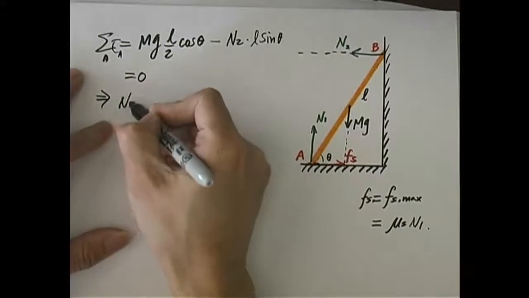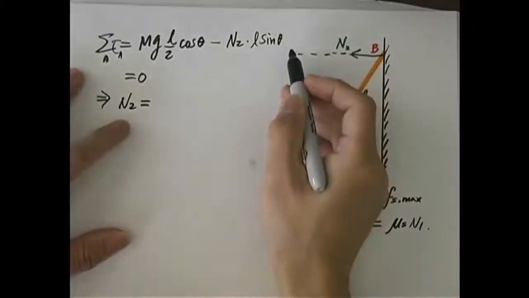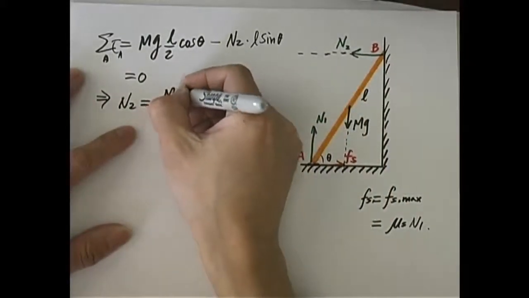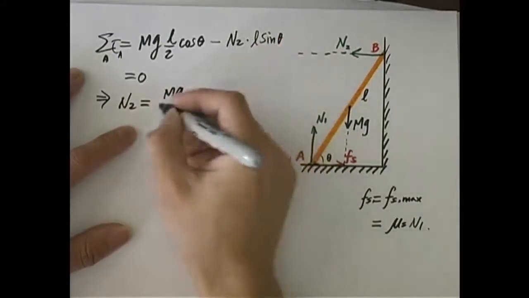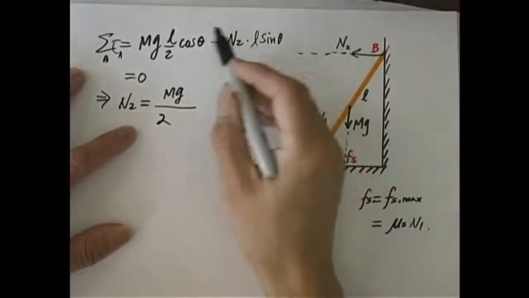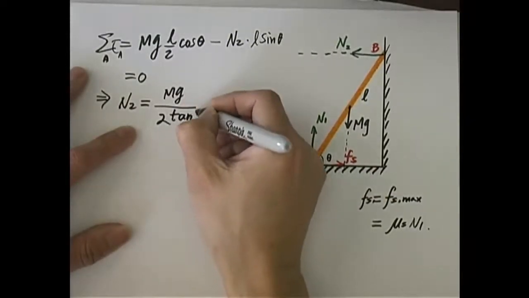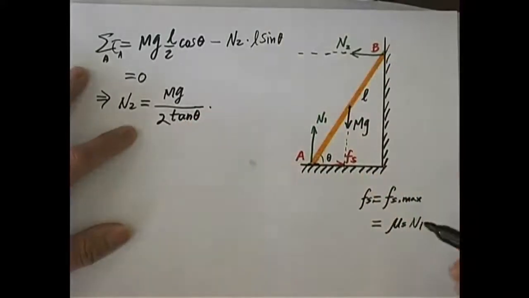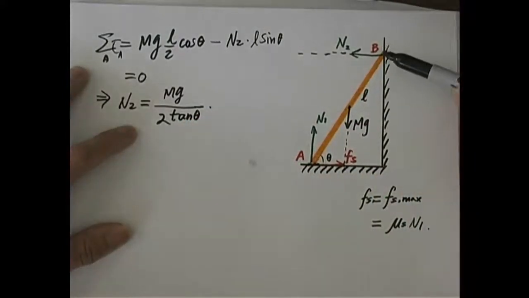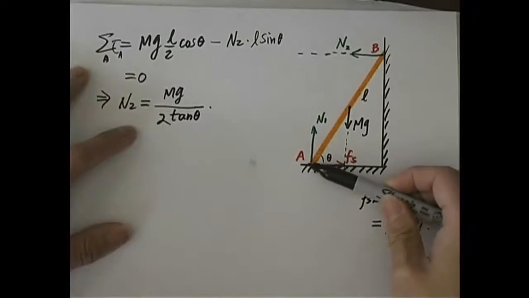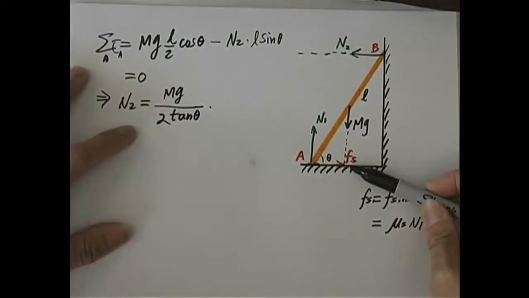That immediately tells you what N2 is. So N2 equals mg over 2. There's a cosine theta, there's a sine theta, so it's divided by tangent theta. That's N2. N2 goes this way. It must cancel with N1 going that way because these are the only two horizontal forces.